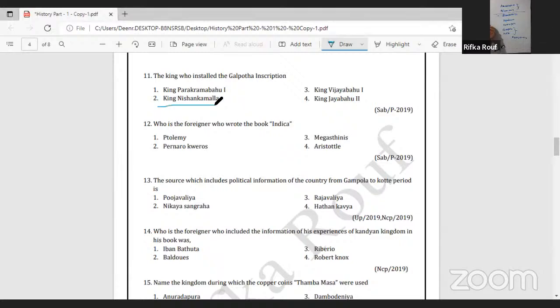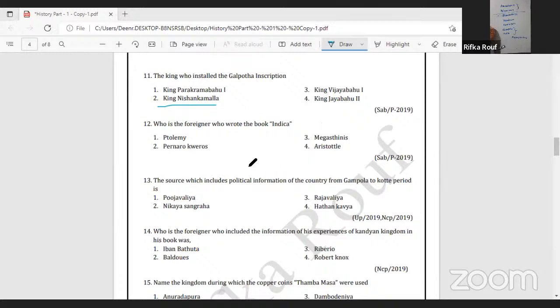So children, the Galpotha inscription is the longest inscription. And the king who erected the most inscriptions in history is King Nishankamalla, and the Galpotha inscription is the longest one.